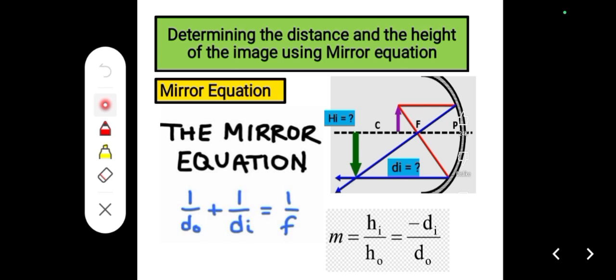For us to identify how far the image is from the mirror, we will be using this mirror equation.